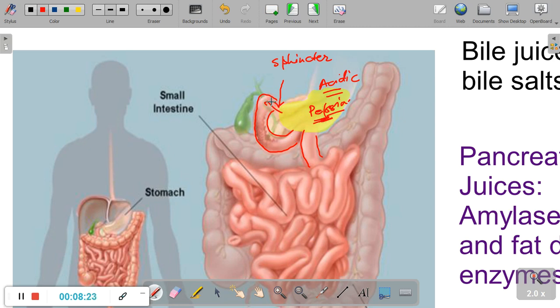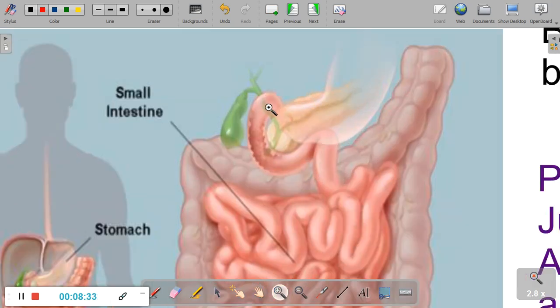So once this chyme moves into the small intestine, let me just rub this part here. Let's magnify it just a little bit more.